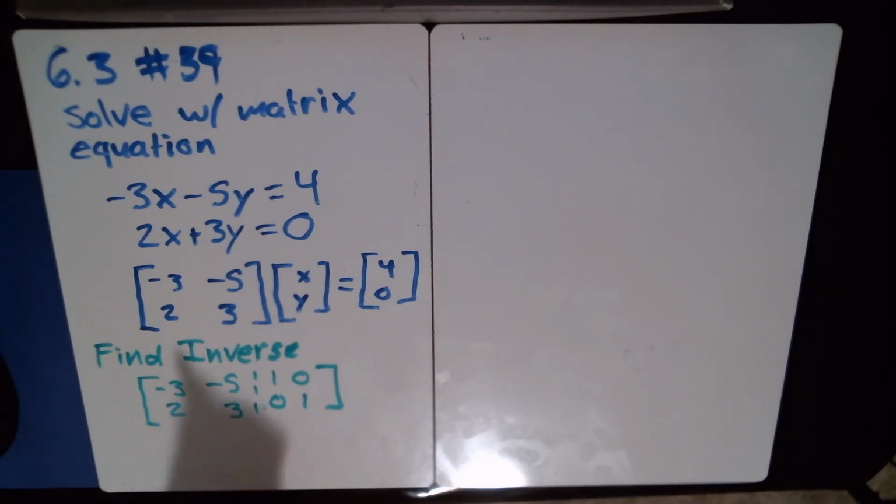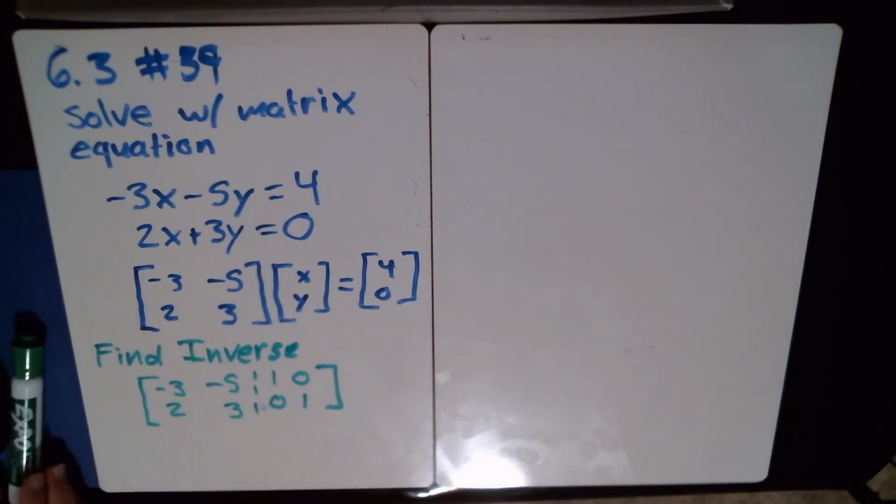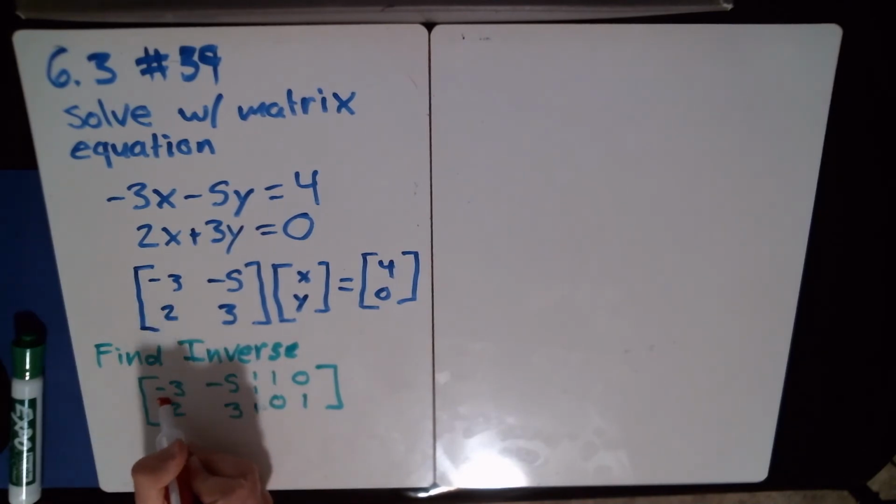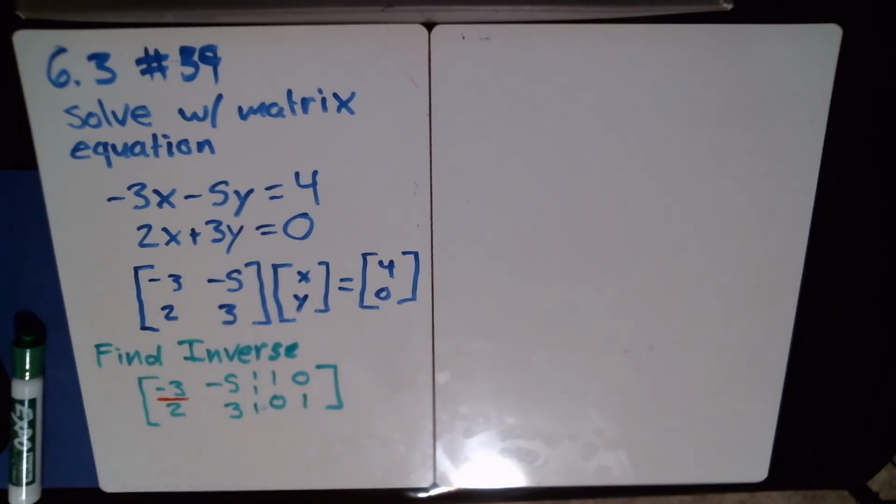And then we do row reduction on this to get this to be the identity matrix, right? So we want to get this to be the identity matrix. So our first step here is we want to get that this corner place, we want it to be a 1, okay? And there's several ways that you can do this.